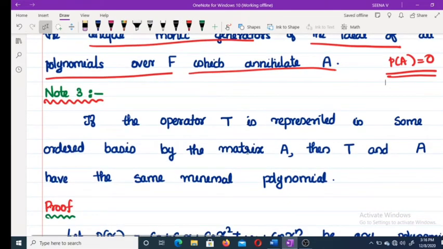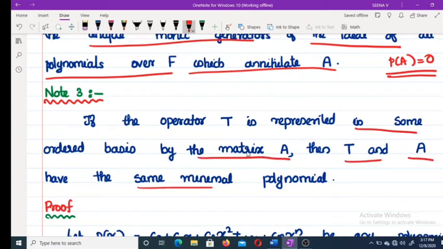Now there is another note, the last note. If the operator T is represented in some ordered basis by a matrix A, then T and A have the same minimal polynomial. That means we have to prove that the minimal polynomial for T and the minimal polynomial for A are the same.